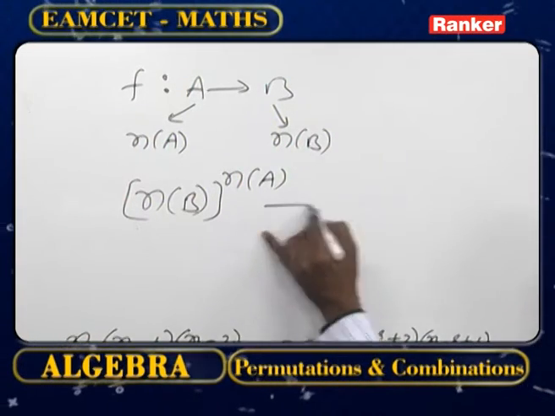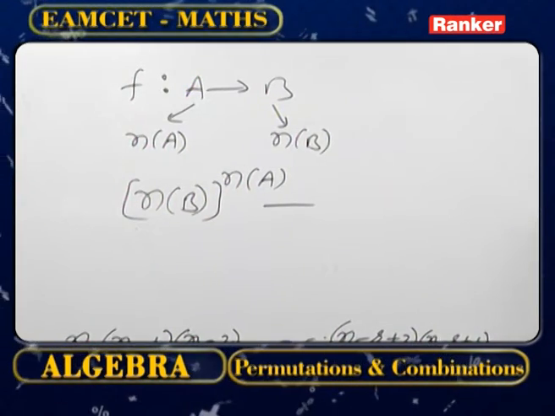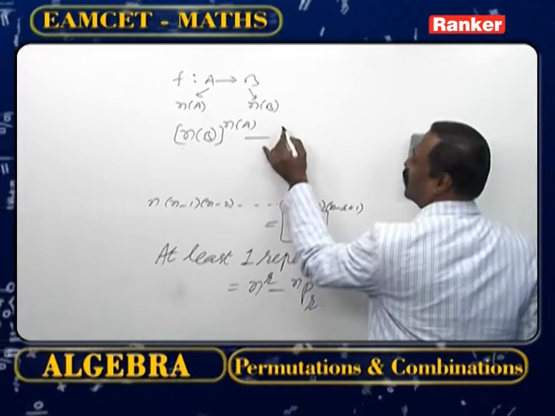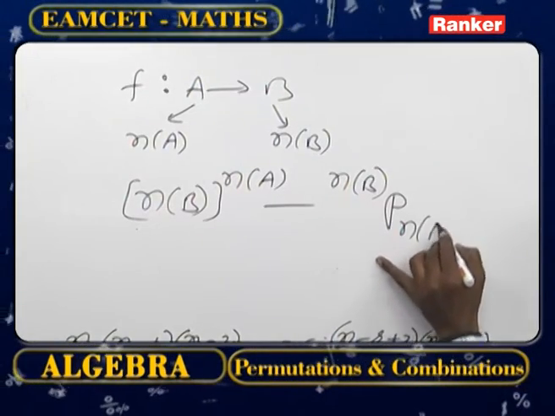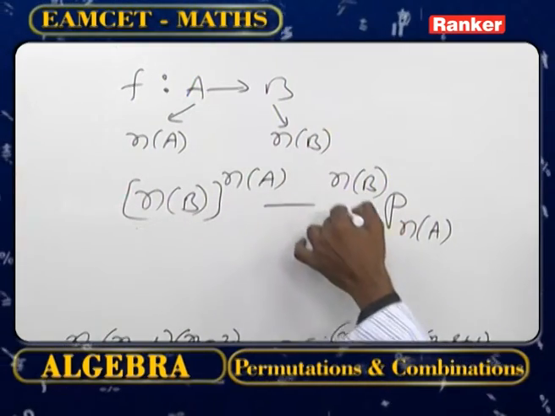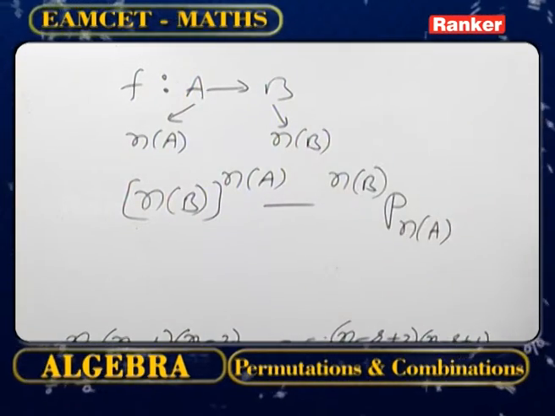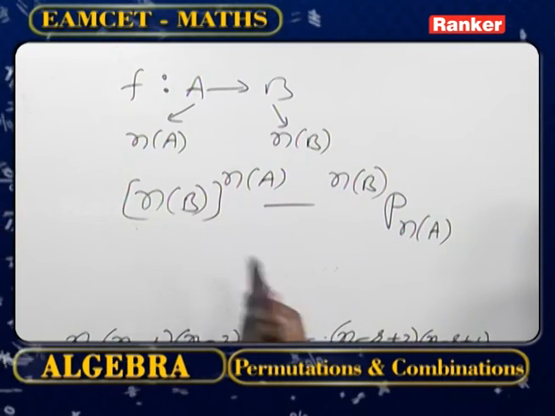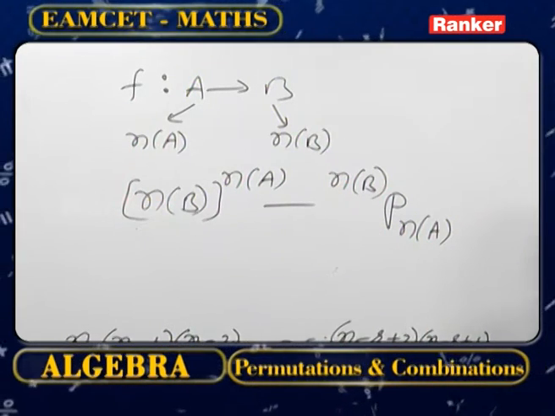And minus, without repetition, is nothing but the number of one-one functions, which is nPr with n(B) and n(A). So this gives you the total number of functions. This gives you the number of one-one functions. We don't want the number of one-one functions. Then all the functions you get will be many to one functions. So this is the formula for many to one functions.